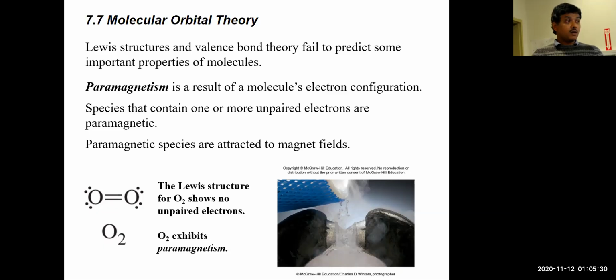For example, oxygen is paramagnetic, but according to Lewis structure or valence bond theory, you cannot actually tell that it is paramagnetic. What makes a molecule paramagnetic is atoms having single electrons. But just by looking at the structure here with all the paired electrons, you would think that no, it is diamagnetic, which is misleading. That's why these theories have a little bit of shortcomings.